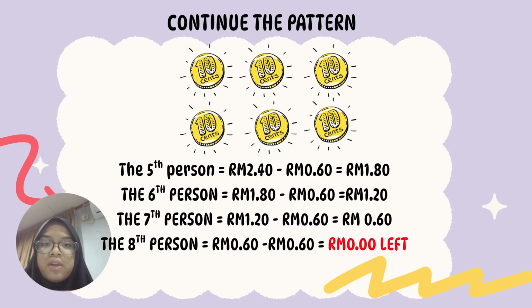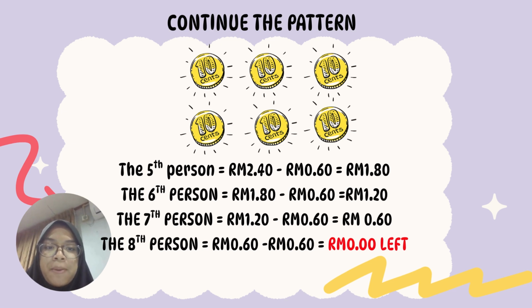After giving to the fifth person, we have 1 ringgit and 80 cents left. After the sixth person, we have 1 ringgit and 20 cents left. After the seventh person, we have 60 cents left. And finally, after giving to the eighth person, the total becomes 0 ringgit. So no money left. This shows that 4 ringgit and 80 cents divided by 60 cents gives 8, meaning that the money can be shared equally among 8 friends.